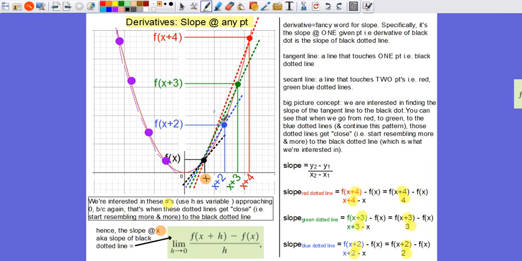Okay, so you get f of x plus 3, and the same idea goes for the blue. You can keep going closer and closer.